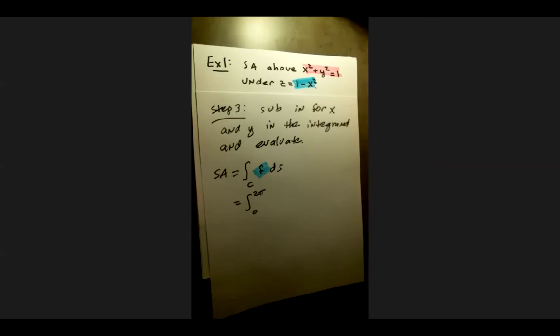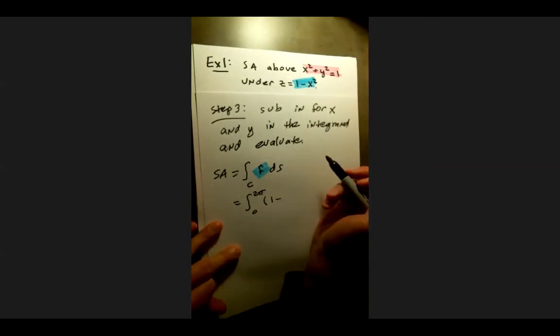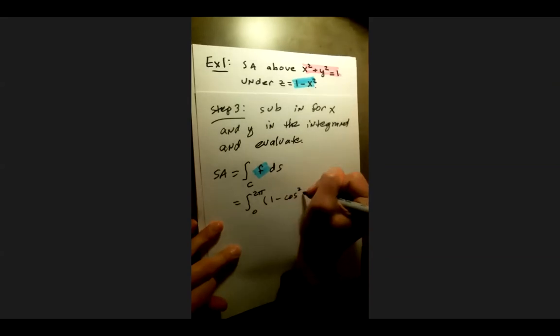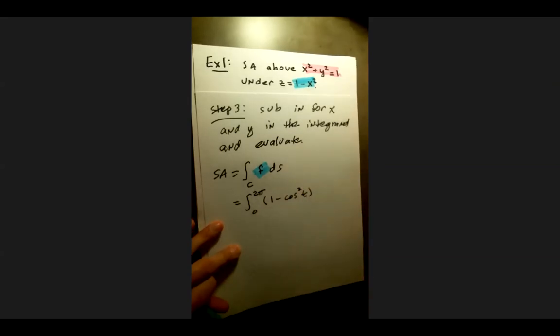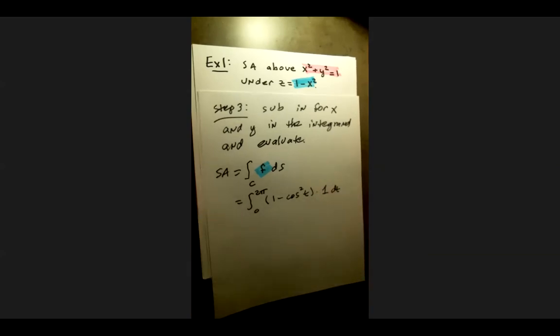So we're going to have 1 minus, and then what is our x? Do you remember? Cosine t. Exactly. So this will be cosine squared t. And then ds is going to be 1 dt.